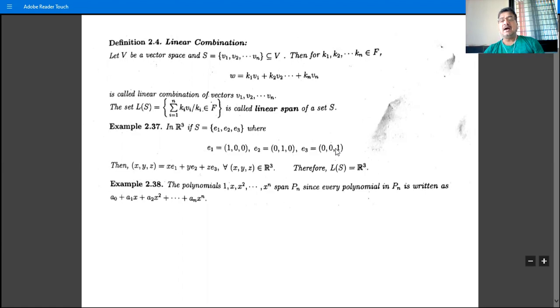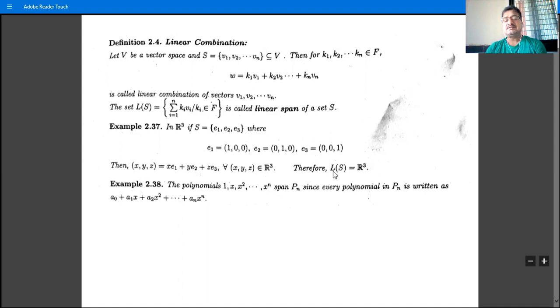Each element of R3 is a linear combination of these three vectors, so LS contains every element of R3. The definition of LS is the set of all possible linear combinations of E1, E2, E3, because S is {E1, E2, E3}.